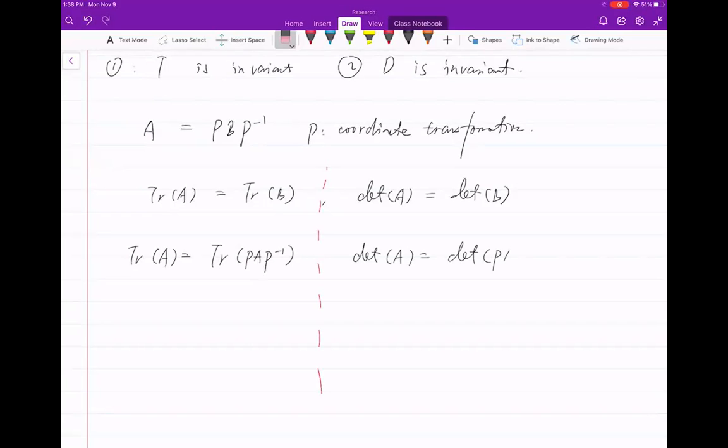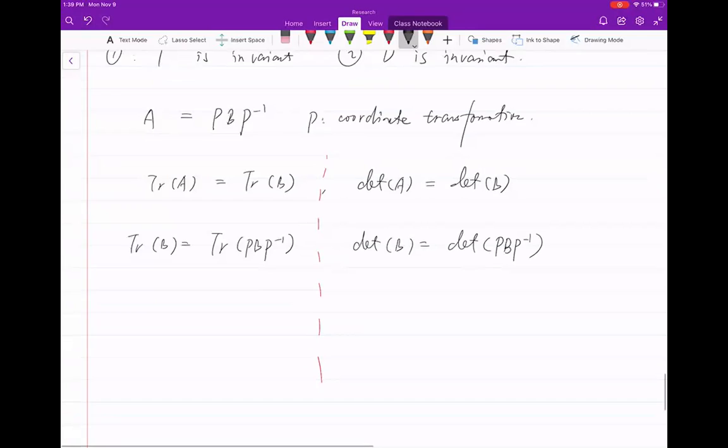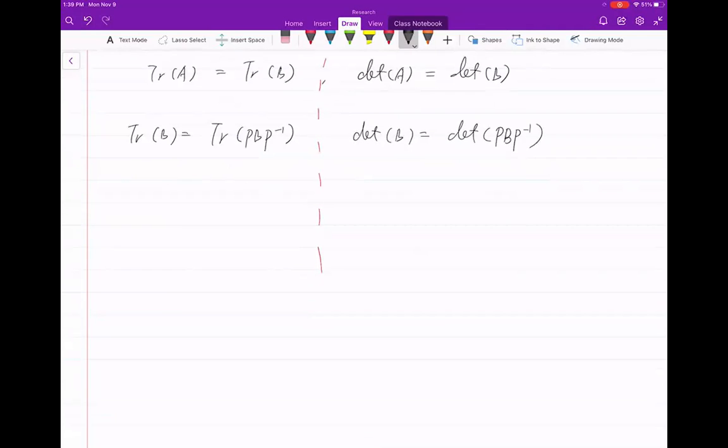Ah, yeah, I should do the different one. This should be a B. Determinant of PBP inverse. Okay, now for the proof, if you think about it, this is something you know in linear algebra.